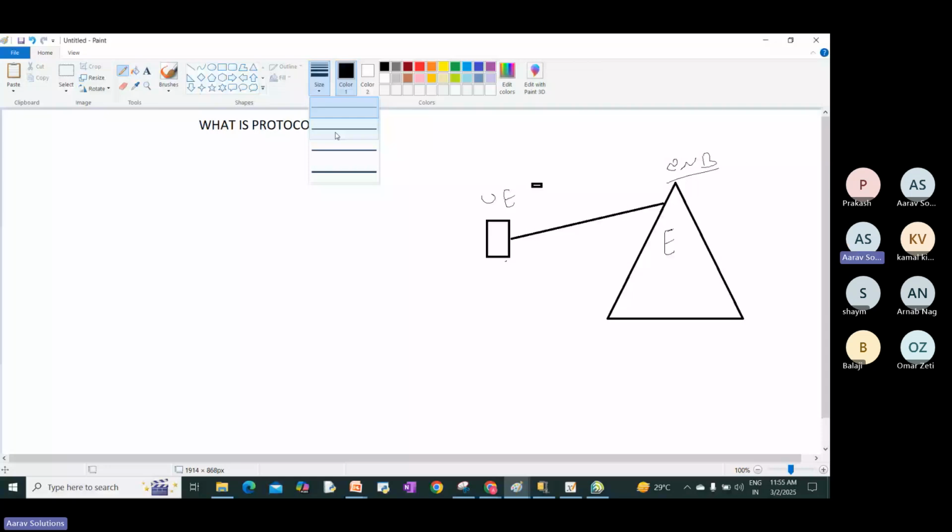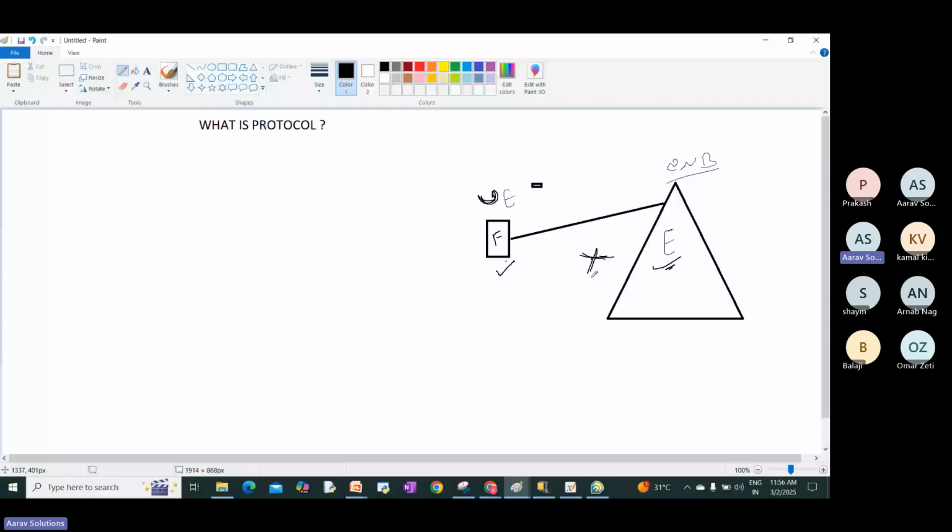Because the set of rules we are following in both of these is not similar. What does that mean?